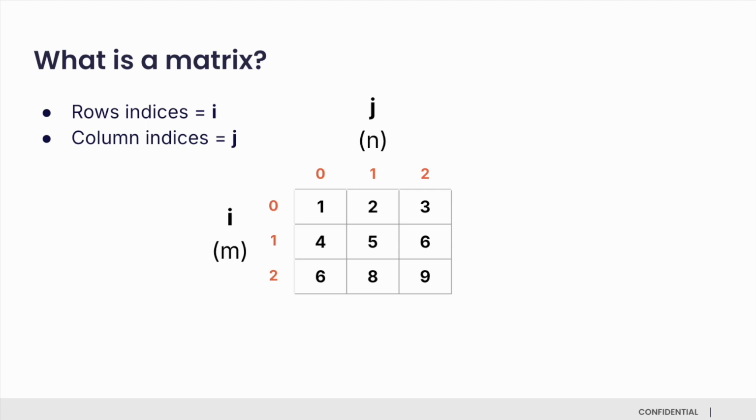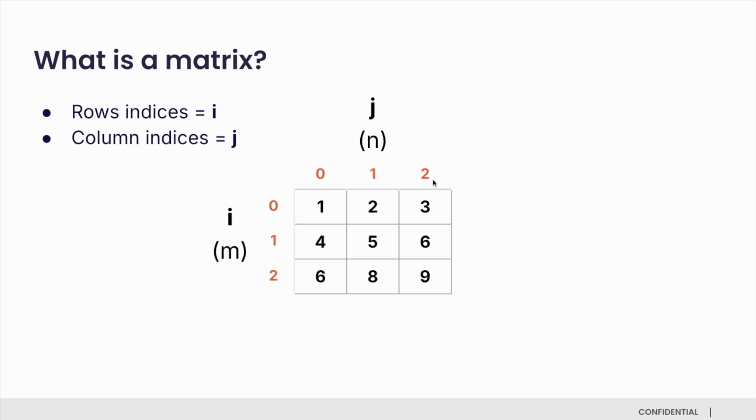Now that we know what a matrix is, let's take a look at how we label its individual elements using indices. Each element in the matrix can be defined by 2 numbers, a row index and a column index. The row indices are represented by i, which corresponds to the rows in the matrix. In this case, i ranges from 0 to 2, because we have 3 rows. Over here, j represents our columns, and again, our indices range from 0 all the way up to 2.